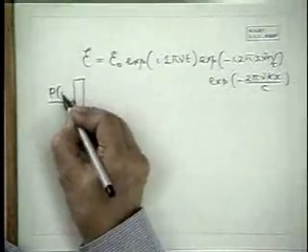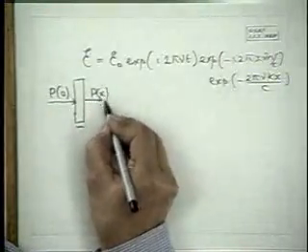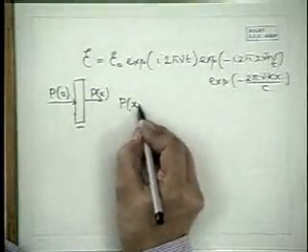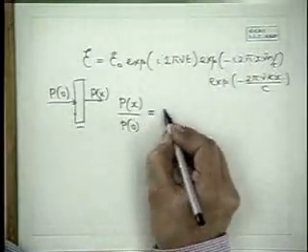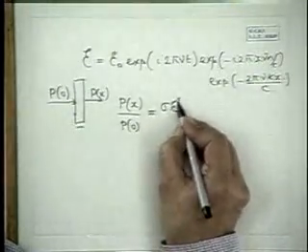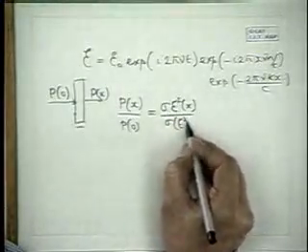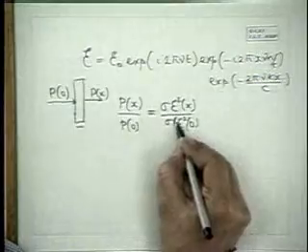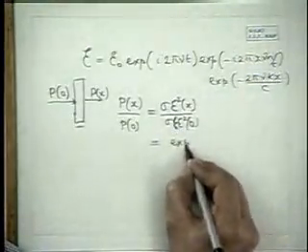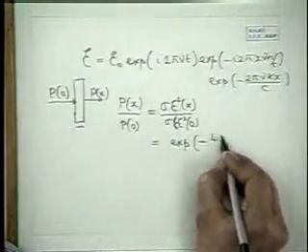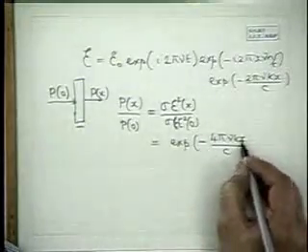if we have incident power of intensity P0, transmitted power Px, Px over P0 is, for a medium with conductivity sigma, sigma E squared x over sigma E squared 0, and this is exponential minus 4 pi nu kx by c.